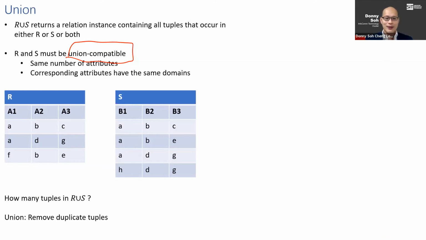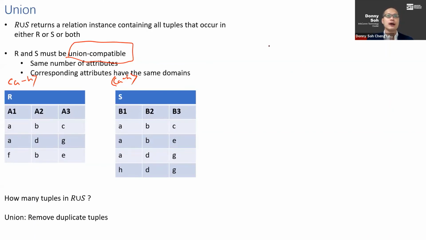If you want to recall what we mean by the same domains, it means that they must have the same type. Let's say if this is from A all the way to H, this must also be from A all the way to H. Rather, it must allow for values from A all the way to H. So this is what it means by having the same domains.